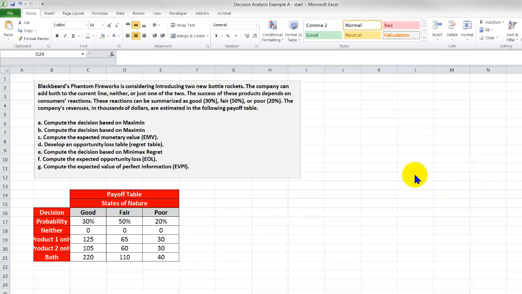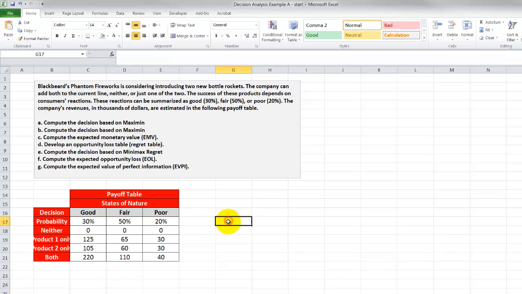Okay, we have the payoff table in our Excel spreadsheet here. Let's first determine the Maxi-Min strategy. And for all of these, I have a very particular way I calculate these to try to maximize the functionality of a spreadsheet. So let's go ahead and begin this process.